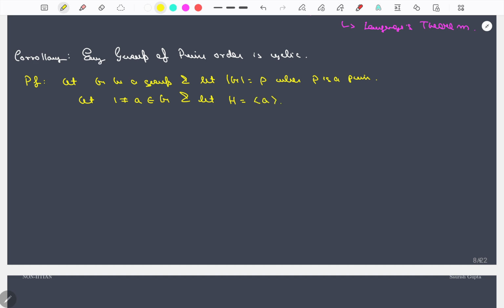Now by Lagrange's theorem, the cardinality of H, which is exactly equal to the order of a, should divide the order of G, which is a prime p, and we know the only factors of p are 1 or the prime p itself.